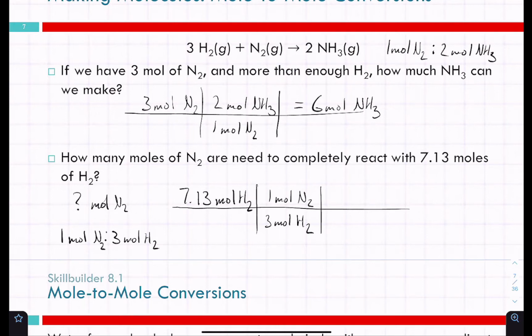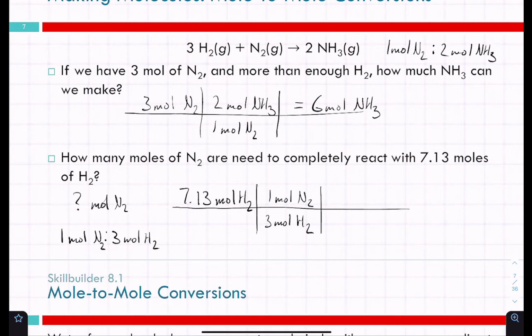So now the question that's being asked with respect to this equation is, if we have 7.13 moles of hydrogen, how many moles of nitrogen do we need to completely react, right? So we're trying to figure out how many of those combine.